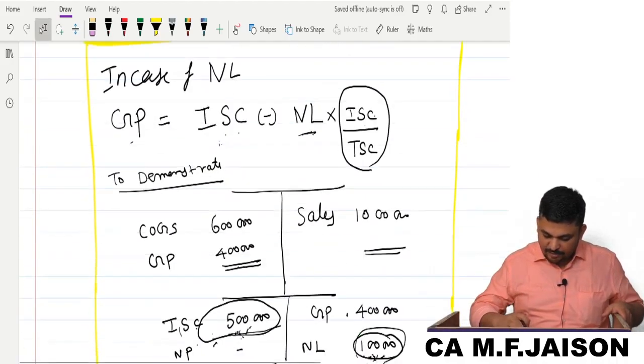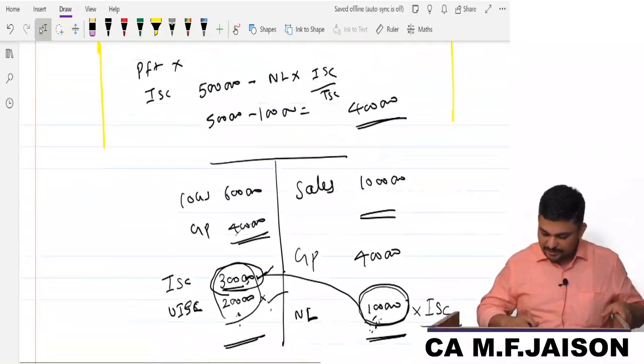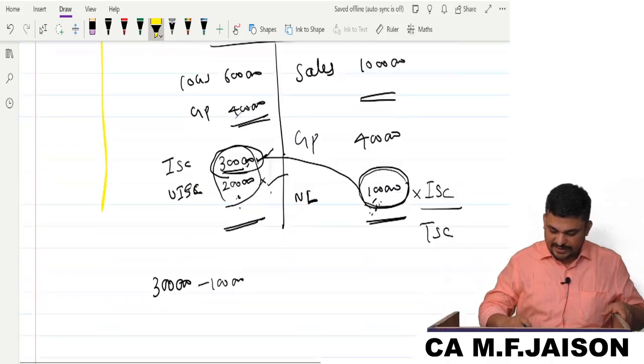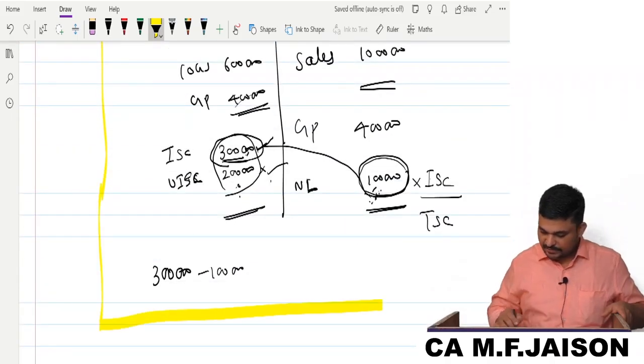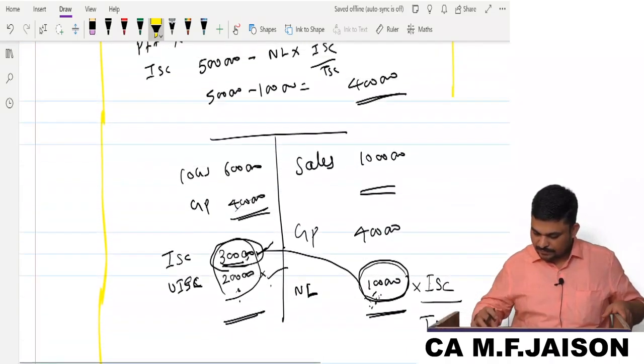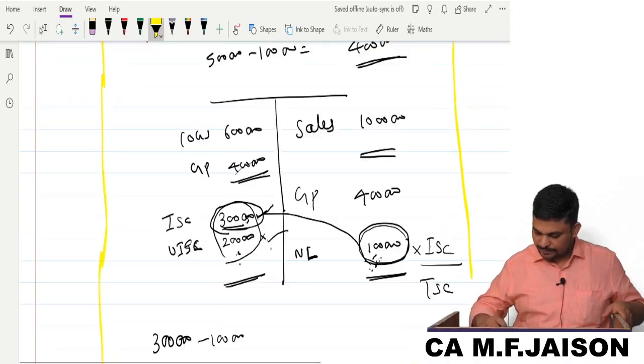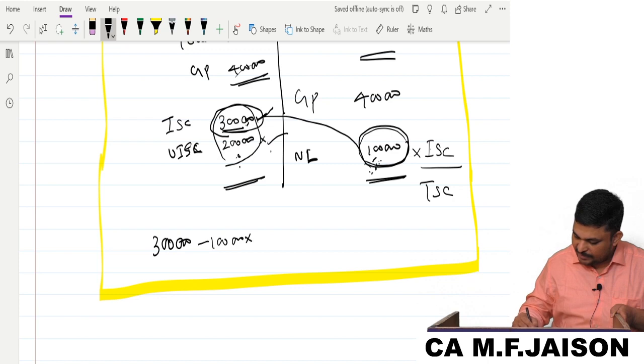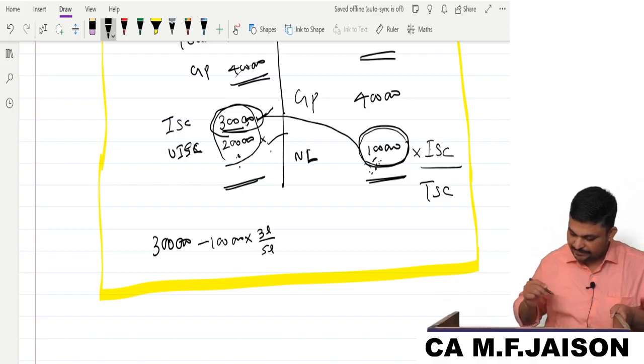I have explained you all the concept behind this. In your own words, in a statement form you can write. I have already demonstrated this. The demonstration I have missed. So 1 lakh into 3 by 5. 3 lakh divided by 5 lakhs, 60,000.